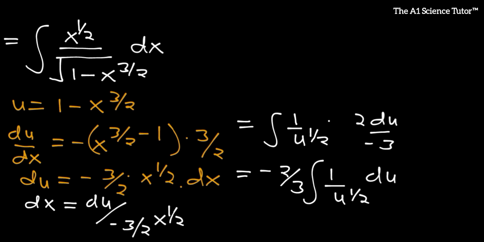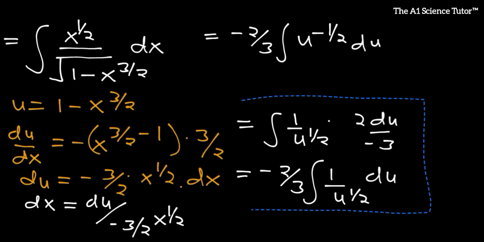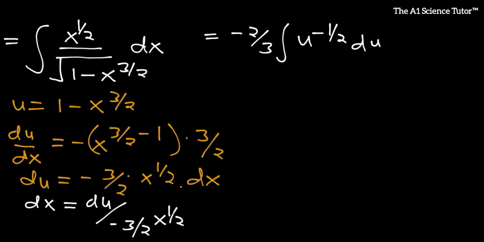Now we know that this could be rewritten as negative 2/3 of the integral of u raised to the power of negative 1 over 2 du, right? So we need to work this by the method of integration. So that is going to be minus 2 over 3, the integral of u raised to the power, whoa, I need to wipe this out.